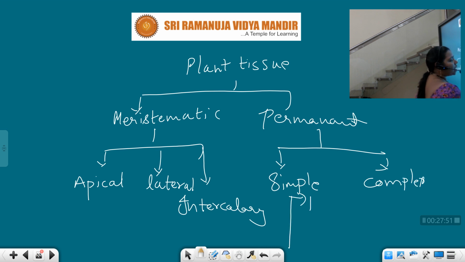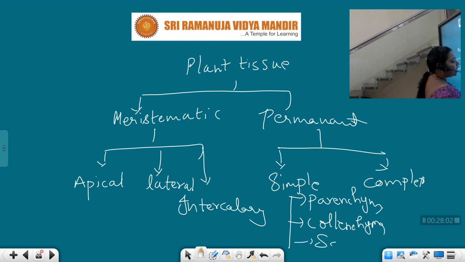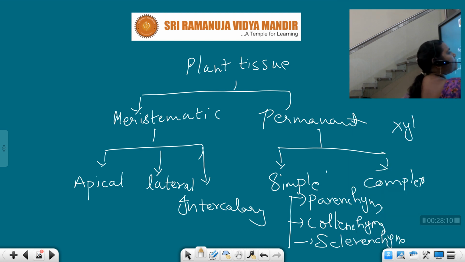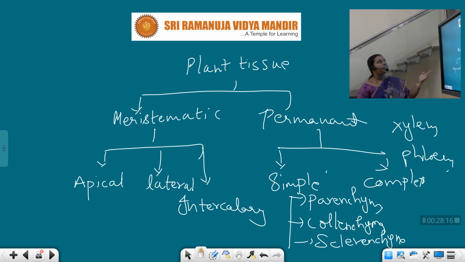Under simple, 3 types: parenchyma, collenchyma, sclerenchyma. Complex, we have 2 types: xylem and phloem. These are the different types of tissues present in the plant. You all should have an idea about this mind map. If you learn this, you will be able to write any question or any bit in the exam.